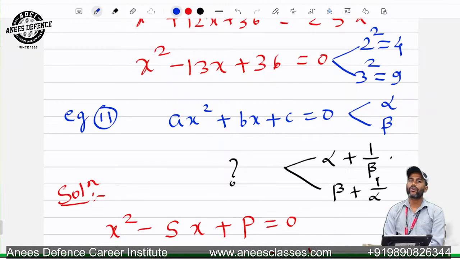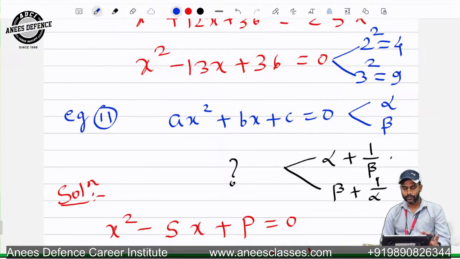So what is the equation? AC x square plus b times (a plus c) x plus (a plus c) whole square is equal to 0. Shall we take one example here?